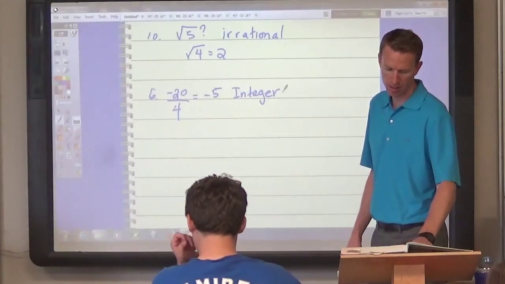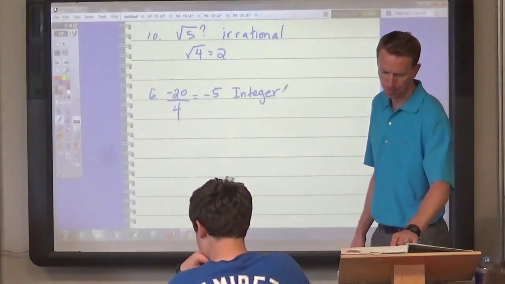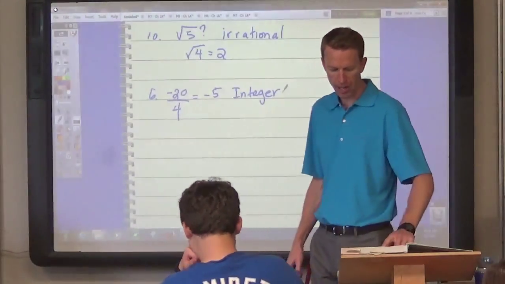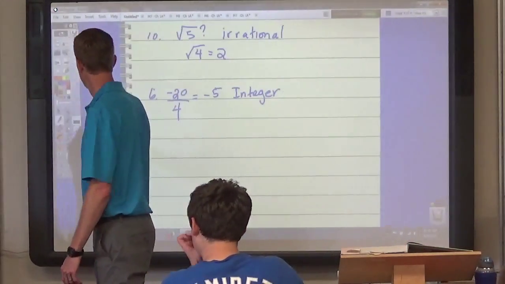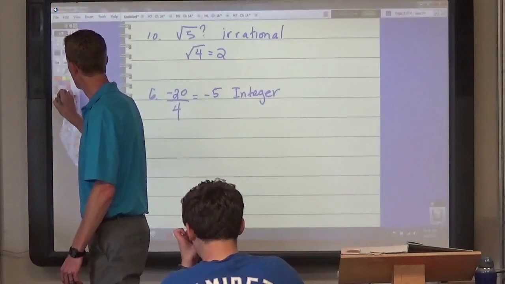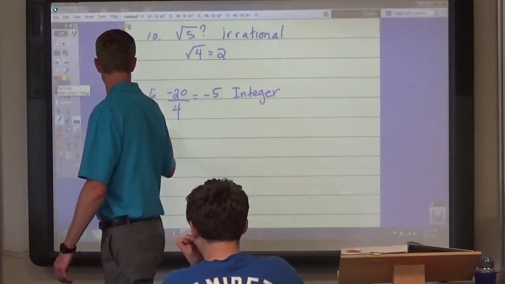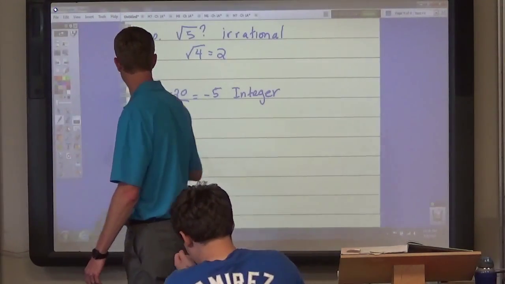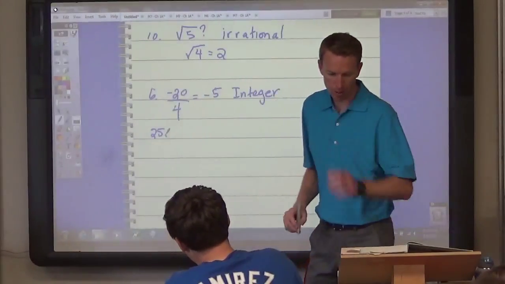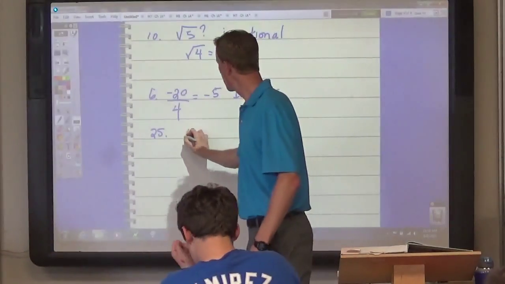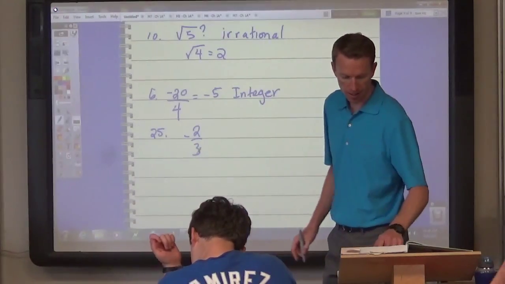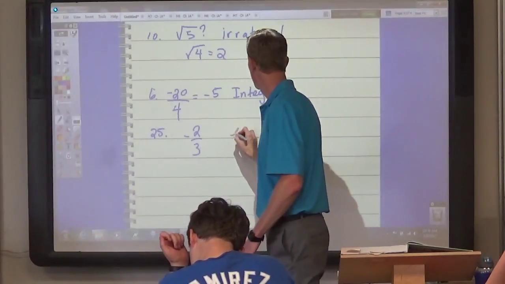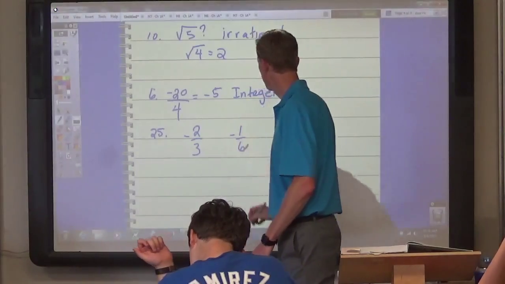How about if we were comparing two numbers, like number 25. This is the next section. We have to write the symbol in between. Negative 2/3 and negative 1/6.